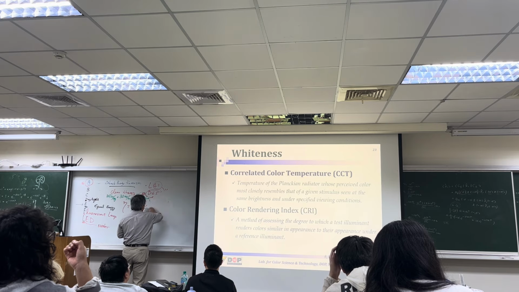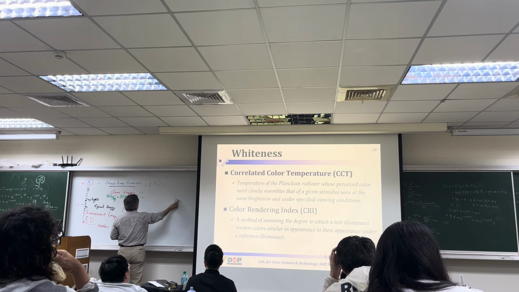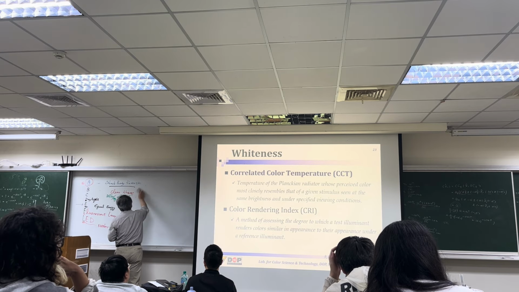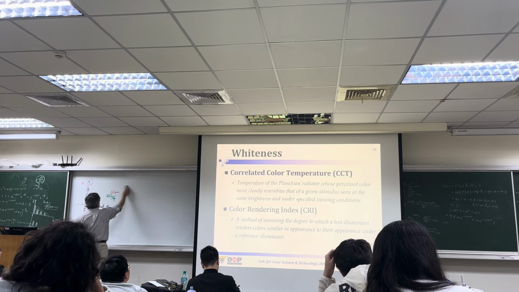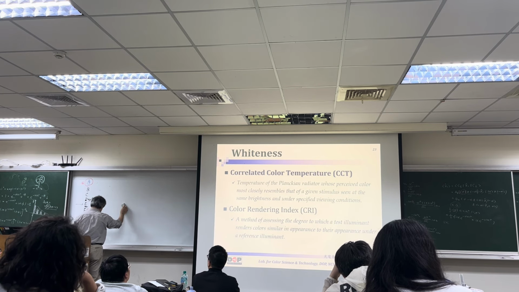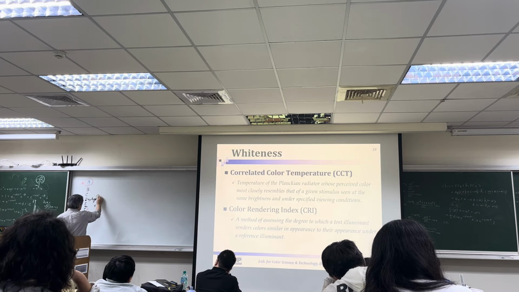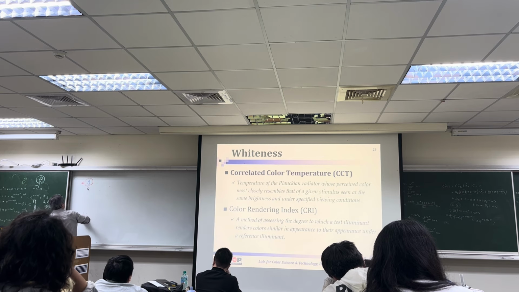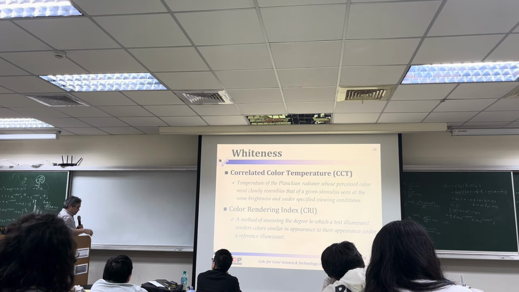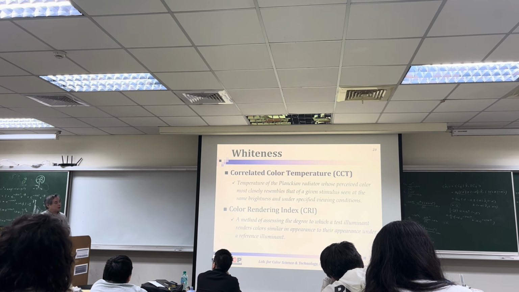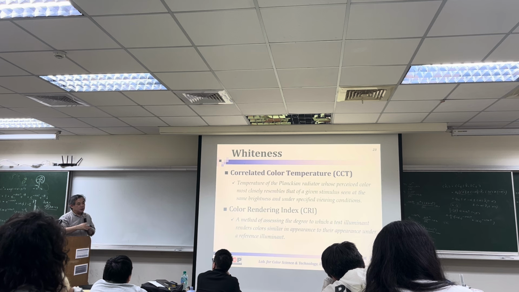How does it look like? In our idea, we only say how bright it is and what kind of color it is, right? But for a lighting light source, we want to see all the objects.